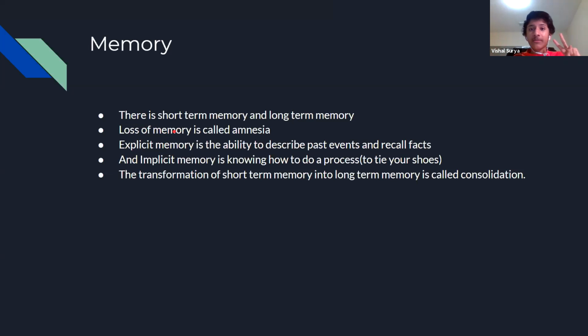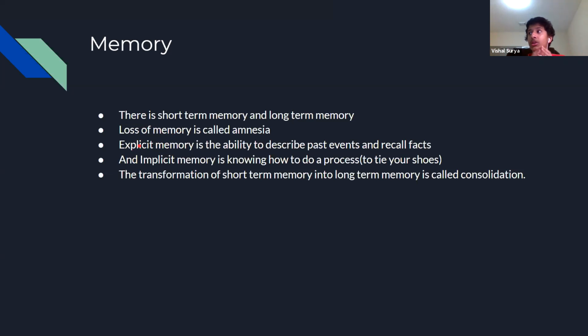There are two more types of memory other than short-term and long-term, and that's called explicit memory. This is the ability to describe past events and recall facts. For example, if I were to ask you a question about a previous week in neuroscience class, you'd be able to recall something, and that's explicit memory.